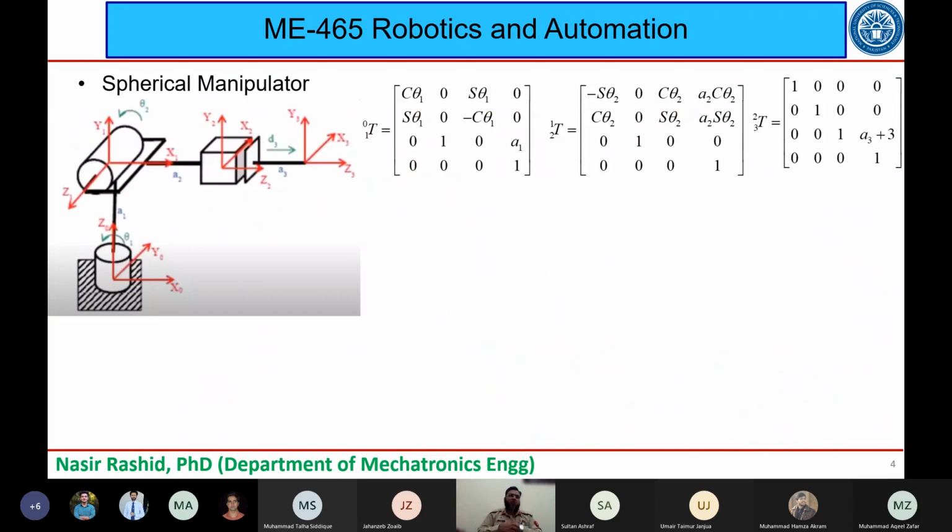So let us now move on to calculation of Jacobian. So this is a spherical manipulator which has two revolute and one prismatic joint with an end effector at frame 3. So this is actually an RRP manipulator.